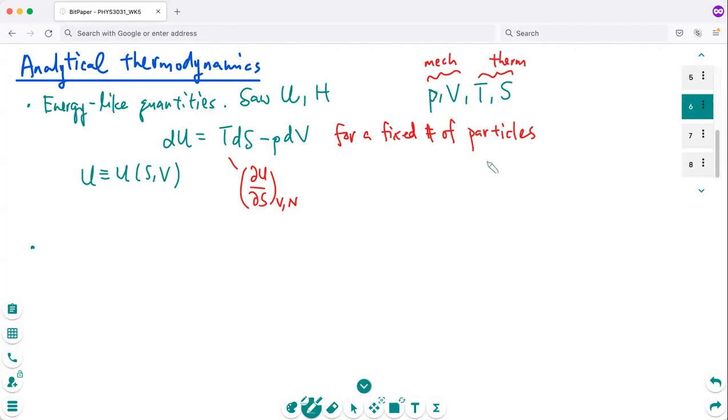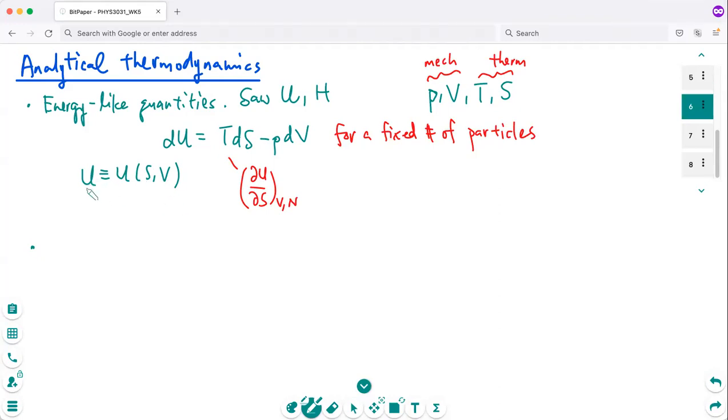For the PV system, if I want other natural variables, you don't really have that many combinations, so you can change them one by one. For example, if I do not want volume as my natural variable, the mechanical part, I can replace it by pressure, and that is another thermodynamic potential function.